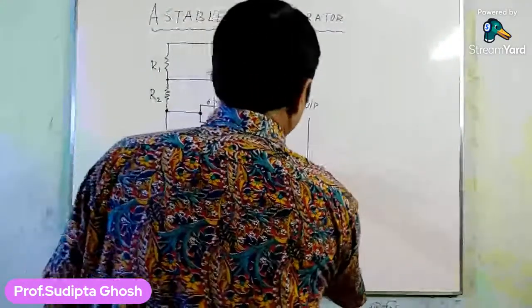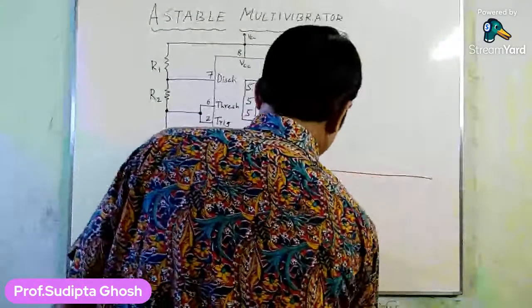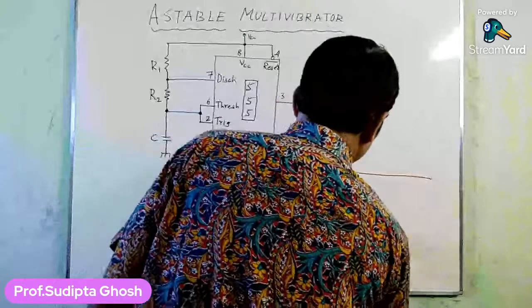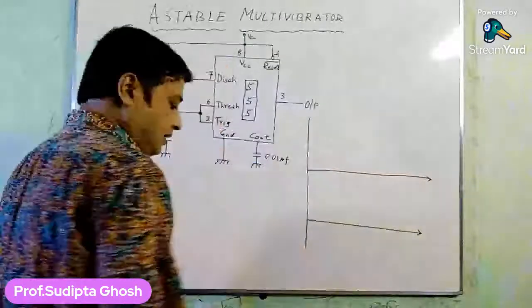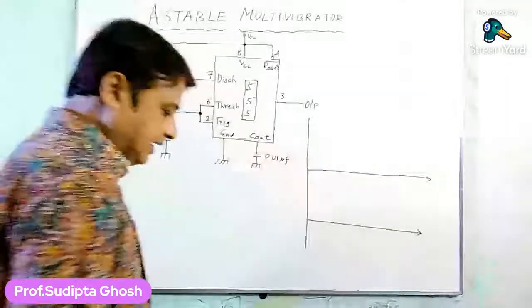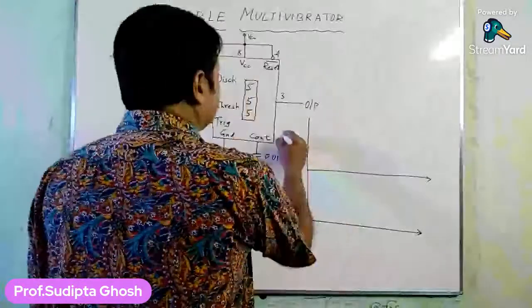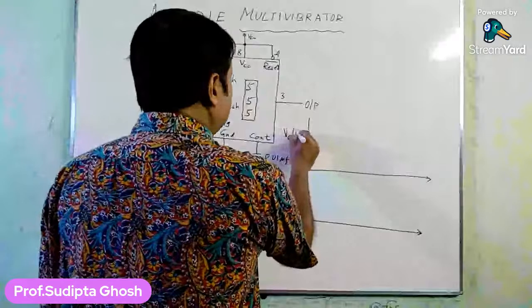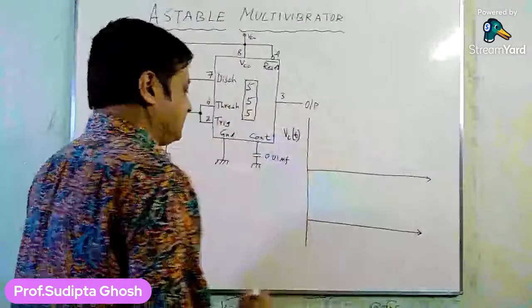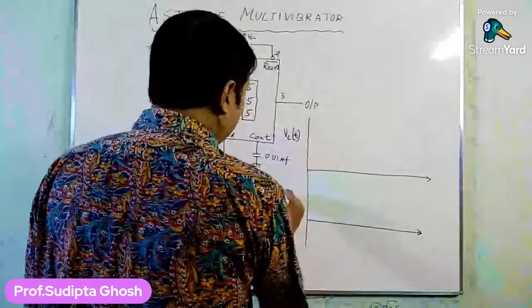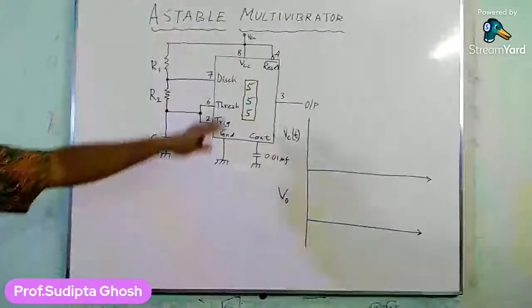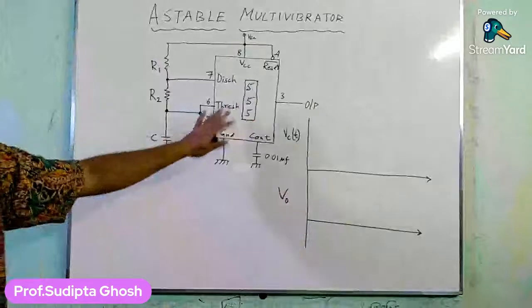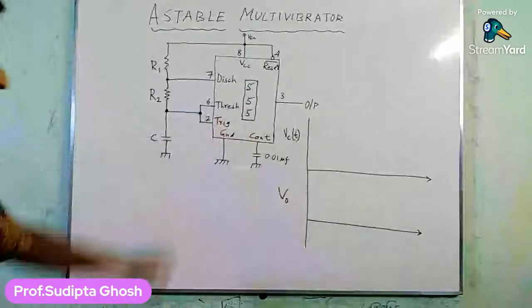So I am drawing the output of the astable multivibrator. Let us first draw the capacitor voltage. Here it is the capacitor voltage, and this is the output of the comparator. This is the output of the 555 timer, or the output of this astable multivibrator.